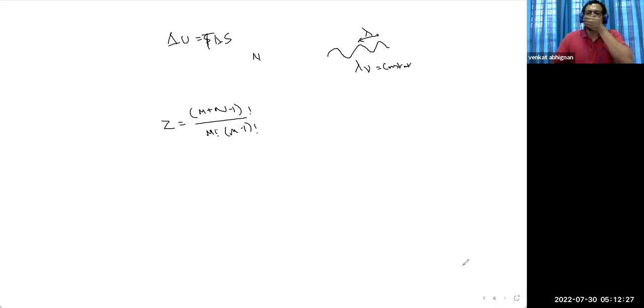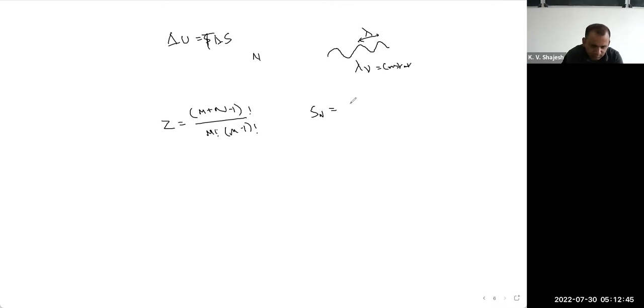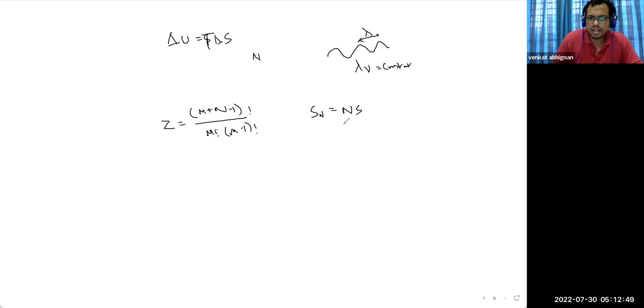Okay. So, yeah, this gets more complicated, I suppose. Essentially, I'll have the entropy of these n oscillators, and I'll take it to be simply n times S, and I'll take the energy of these n oscillators to be n times U, where U is the oscillator energy of each oscillator.